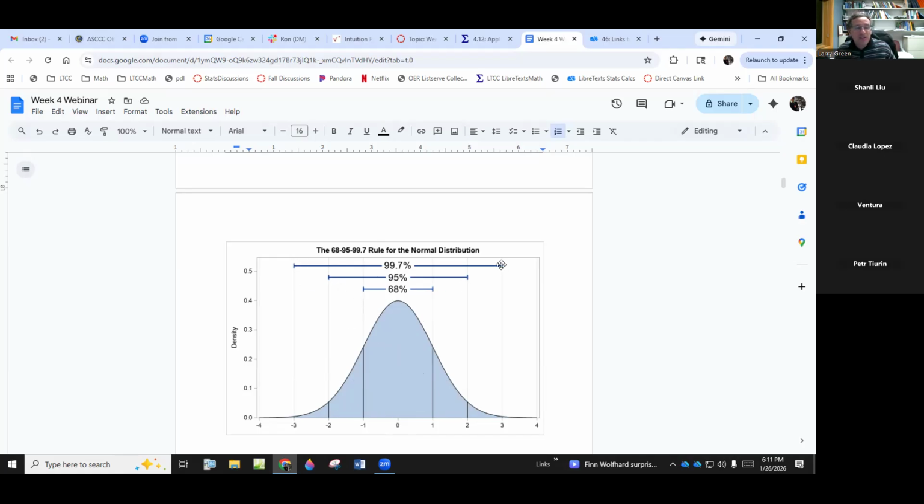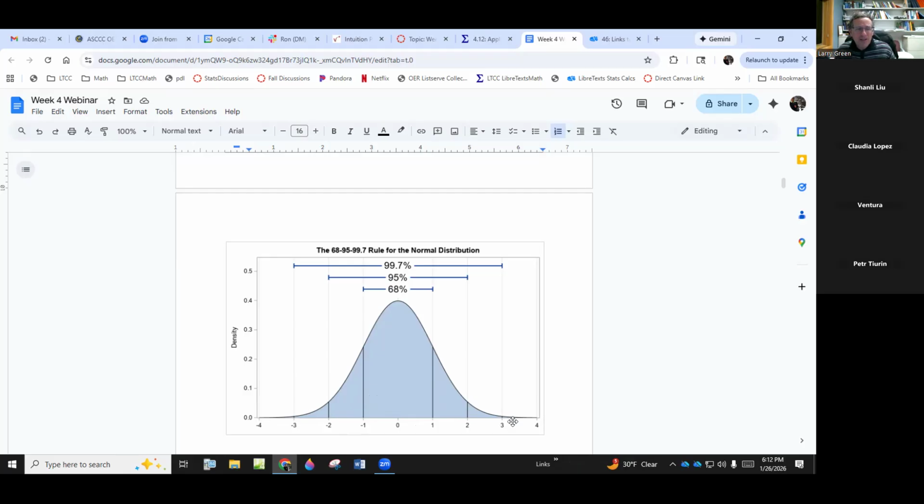And 99.7% lies between -3 and 3. Okay, and it does keep going on, but it's a very, very small percent chance after that. If you have a 99.7% chance of being within -3 and 3, it's not very likely at all to be past 4, for example. It's really, really rare for that to happen.